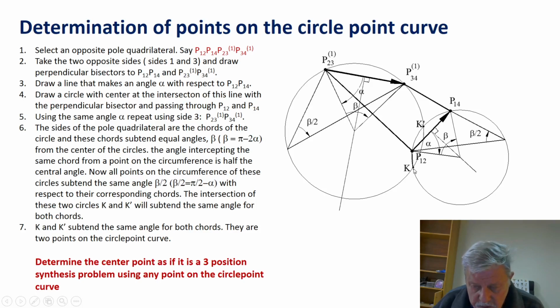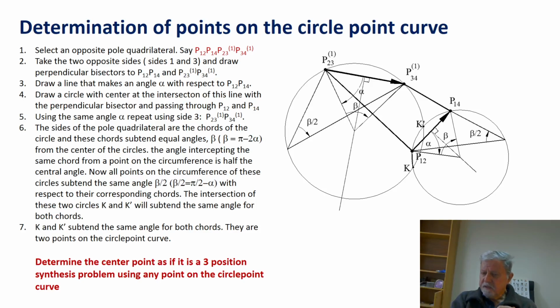Once you determine this point, let us say you are going to use K as a circle point, you can determine this is K1, the location of A1, the circle point in the first position. Then you can determine A2, A3, A4.